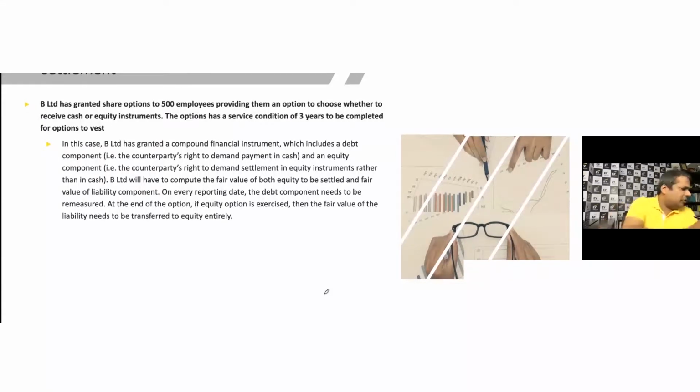So the choice is here with the counterparty, to choose whether to receive cash or equity instruments after 3 years. So there is a transaction with a cash alternative, and that is where I'll have to deal with this as a compound instrument.